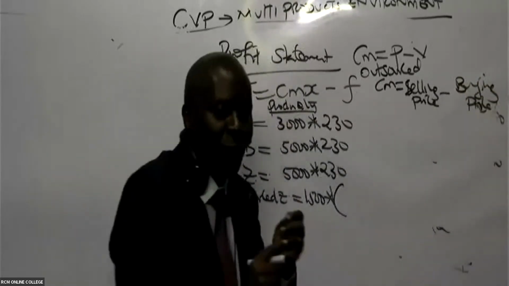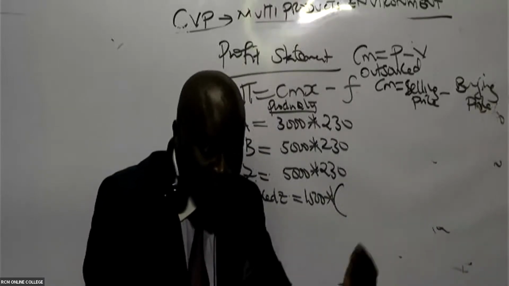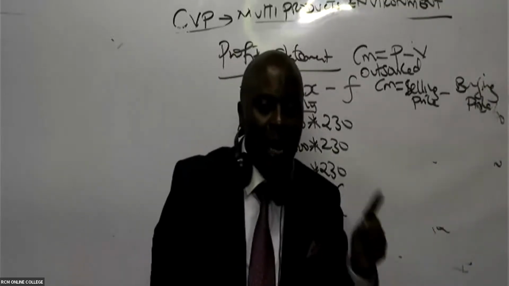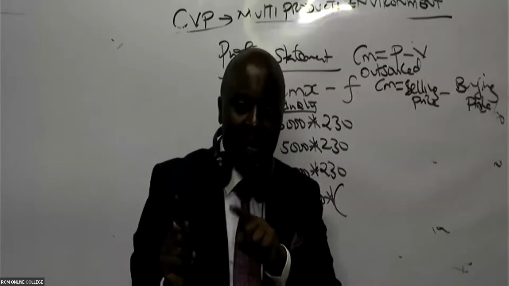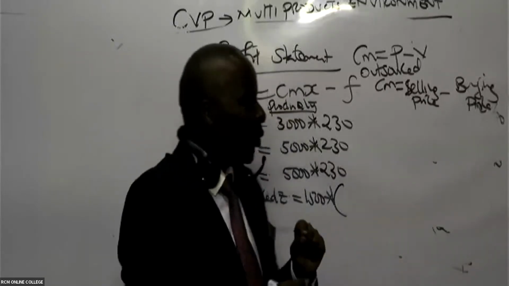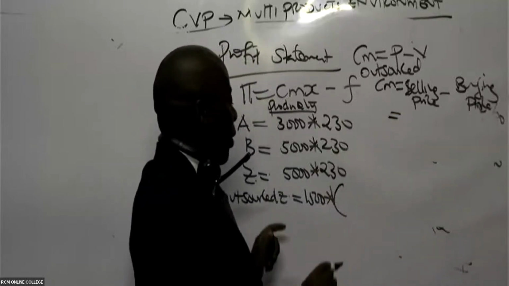Because we don't have our own raw materials for this. We don't have labor. We are buying a finished product. So anytime you hear about a product that you are buying and selling at the same time, the variable cost will be the buying price.